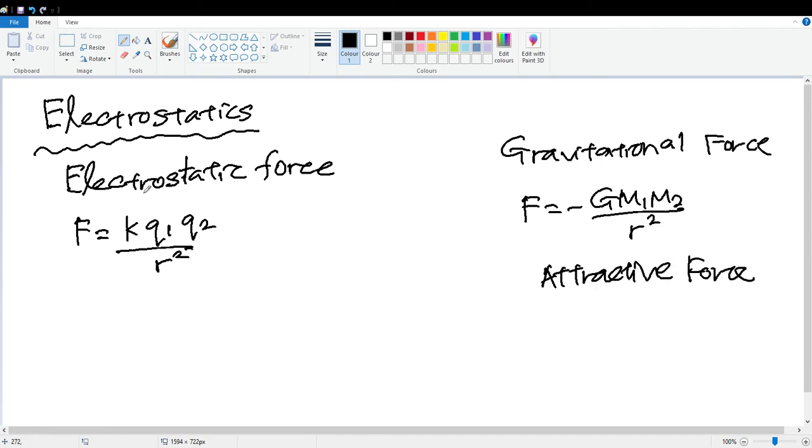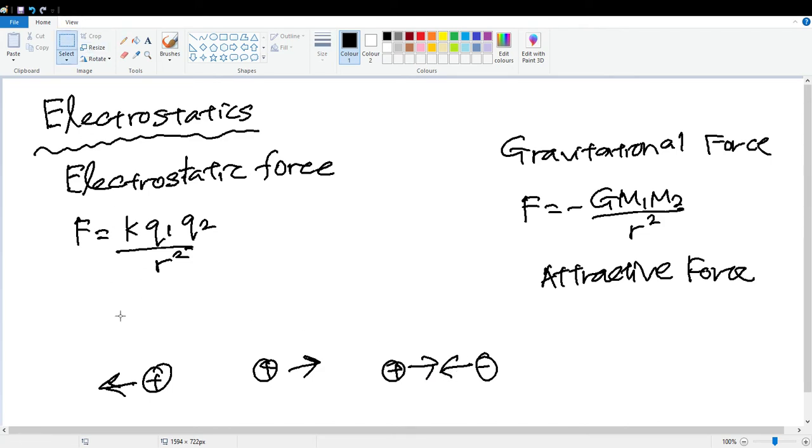As for the electrostatic force, as we observe from the interaction between the same charges or between different types of charges, the force for similar charges is repulsive. As for different charges, the force is attractive.